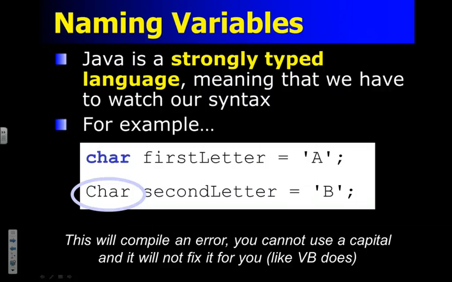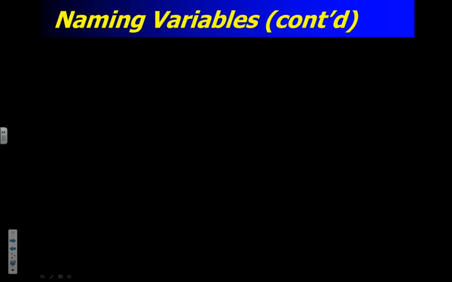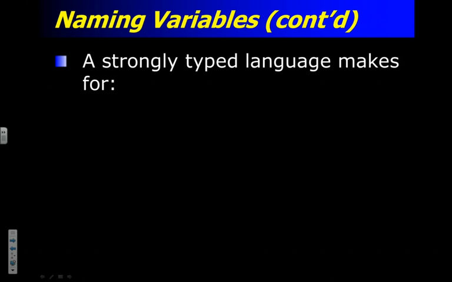And if you remember something I said yesterday, if you see an uppercase letter at the start of a word, it's a clue to you that something's going on. What is that clue? That it's a class. So if I said Char, that would mean this is a class, which it's not. It's just a basic primitive data type, so it would be wrong. That little clue will help you to say, whoa, don't use a capital letter there.